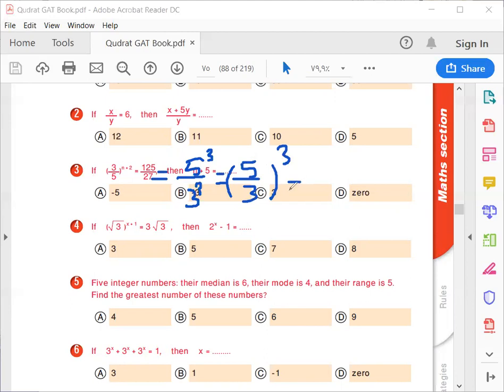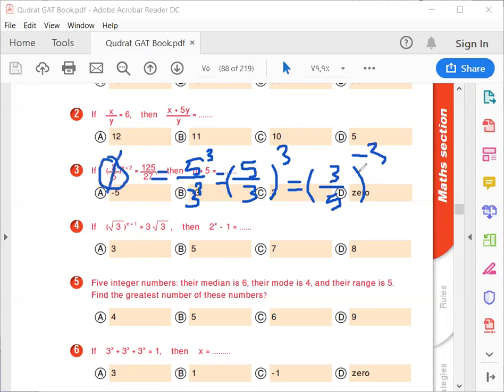You can write it in another form, (3 over 5) to the power minus 3. Why do I do this? Because I want the same left side here.